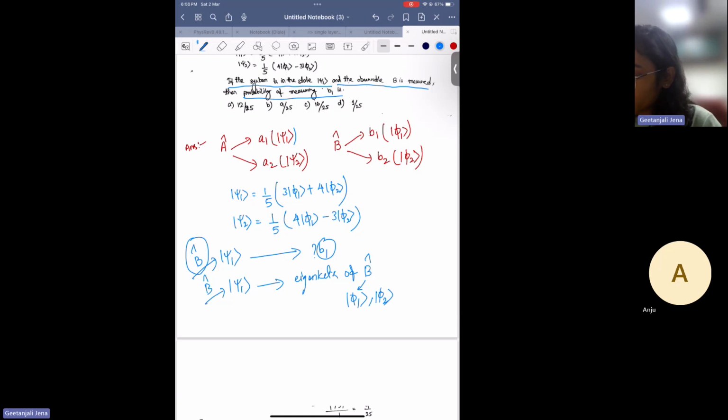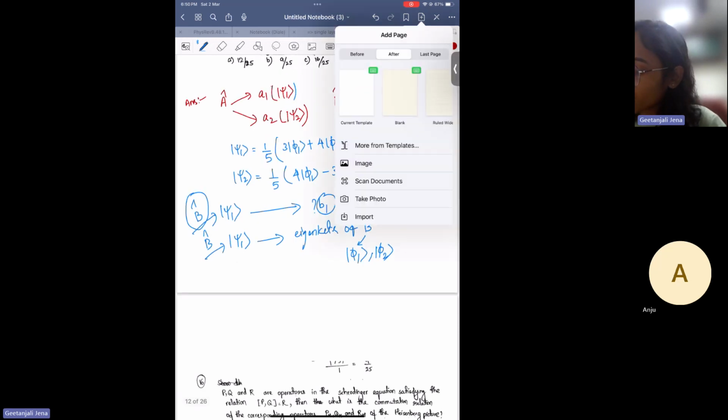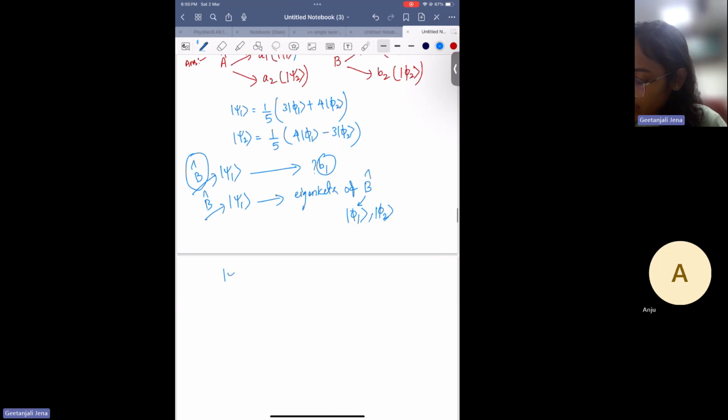So your first job is to express this initial state in terms of phi1 and phi2, which is already given, nothing but 1 by 5, 3 phi1 and 4 phi2. So the expression is given to us.